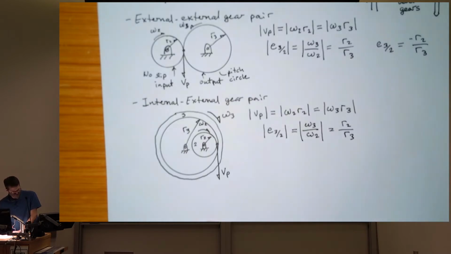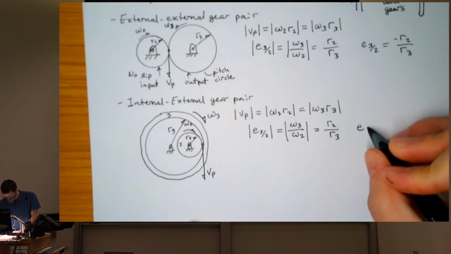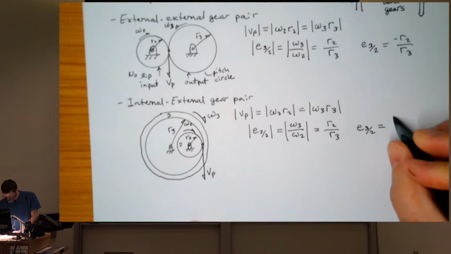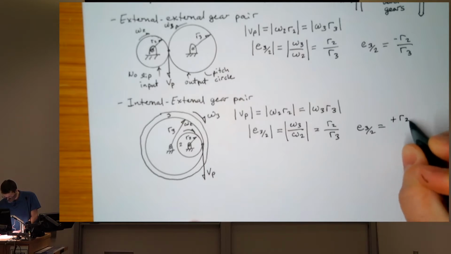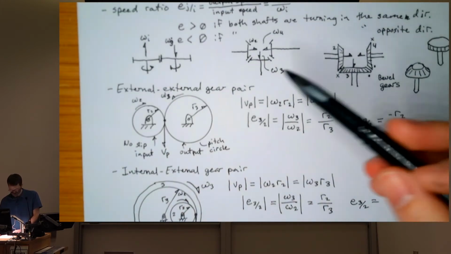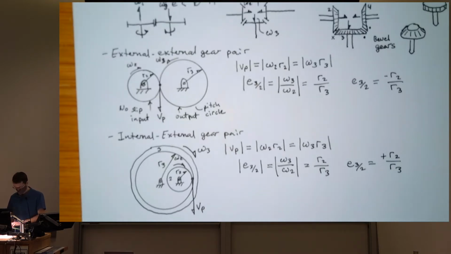So same expression as before. However, if we were to write without the absolute value sign, we often would say that this is positive R2 over R3 because the shafts are spinning in the same direction. So positive.